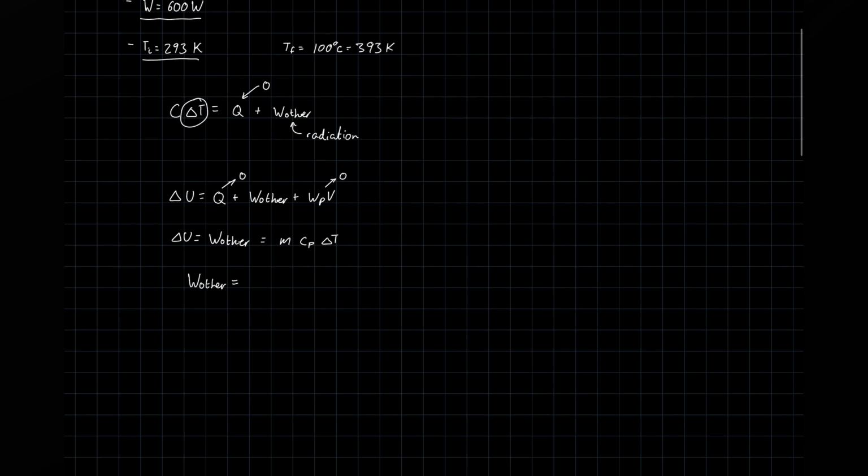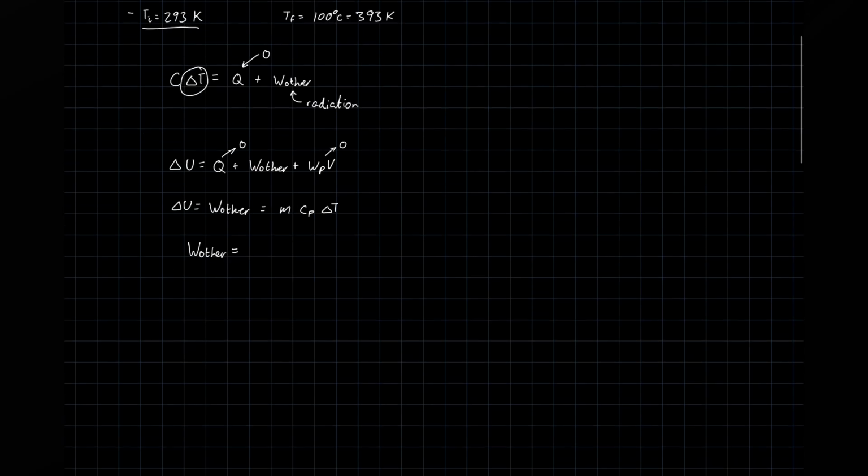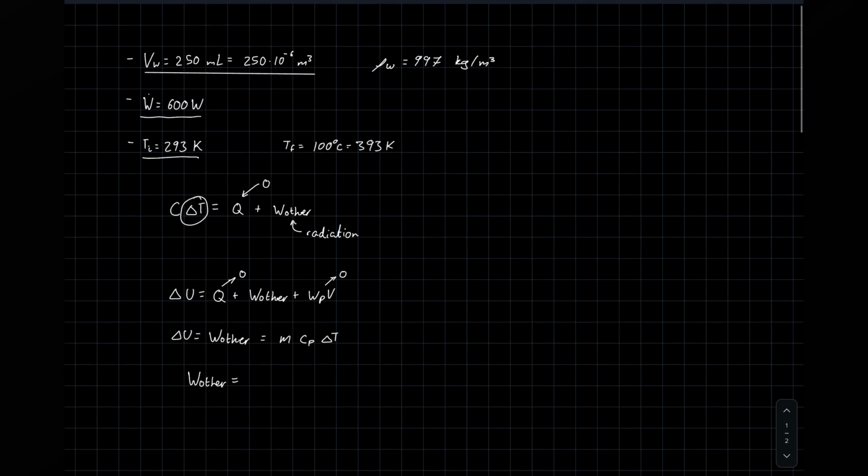So we now have that our work is equal to the mass, which we weren't given, but we have got the volume, and using the density of water, 997, I believe, kilograms per cubic meter, we can calculate the mass, because mass is simply density times volume.